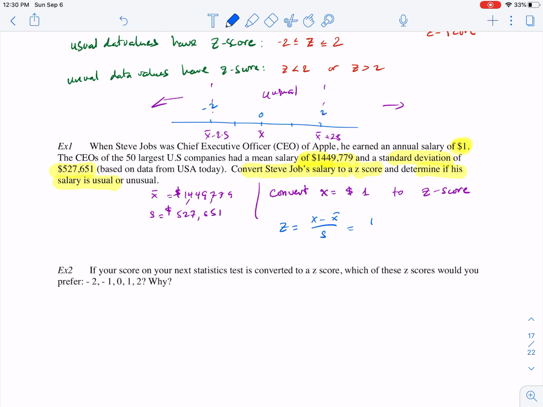So that's 1 minus 1,449,779, divided by 527,651.